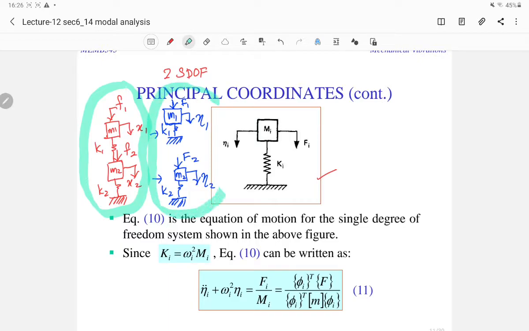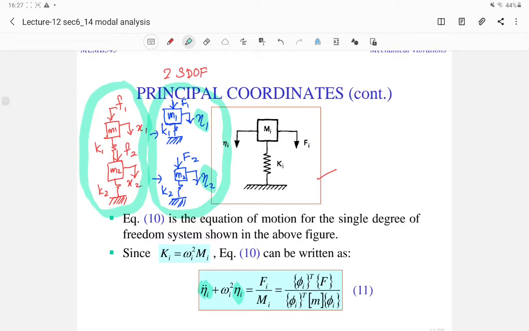This is the new system with eta. Now the variable is not x1 but eta 1, and this variable will be eta 2. So all the coordinates are changing here. That's the difference. What you want to solve for is a new variable eta, which is the transformed coordinates.